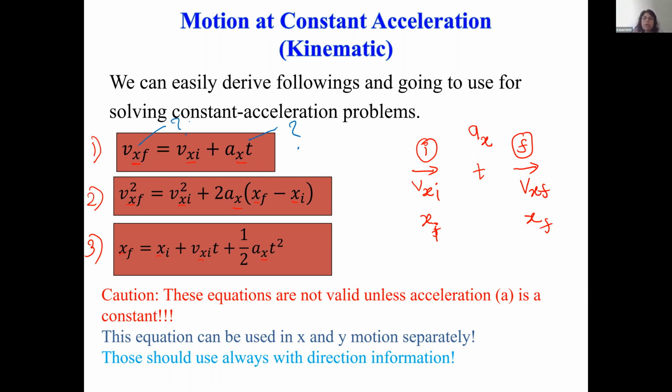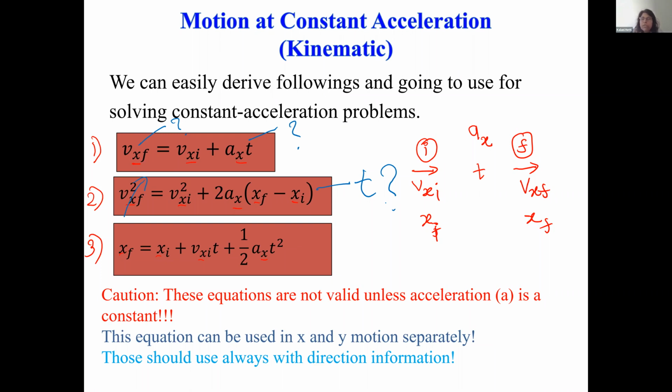Okay, so now let's go to the second equation. In the second equation, v final is definitely unknown, but everything else seems known. And the problem is I need to find the time. There is no time in the second equation. Because of that, the second equation is also not useful to find the time.